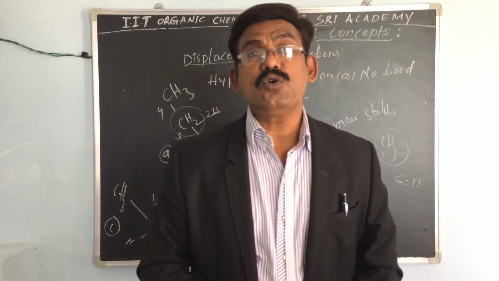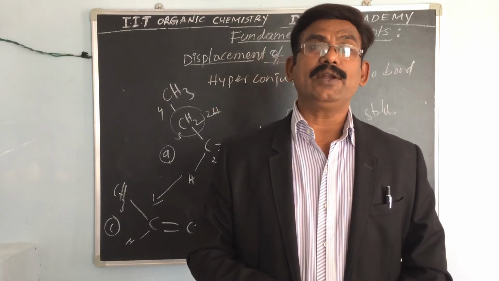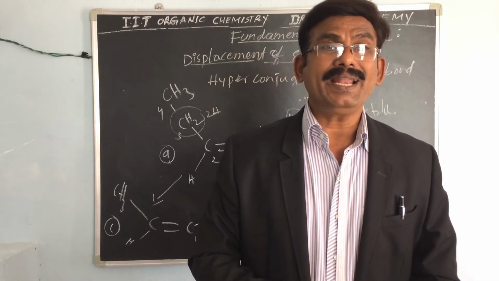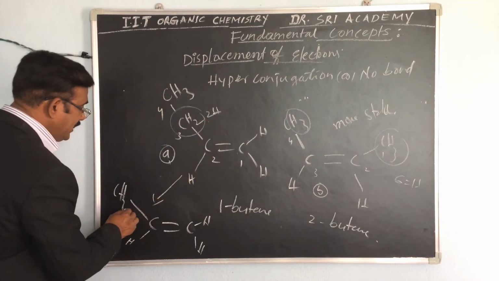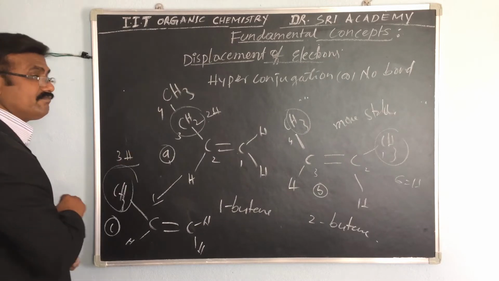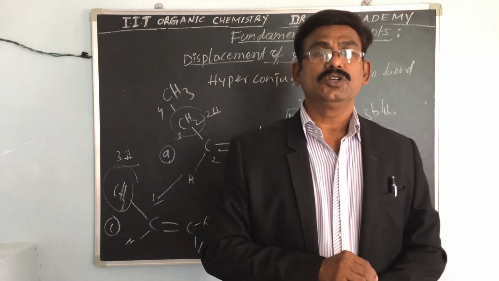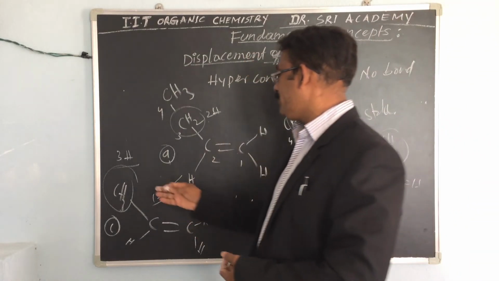The propane has more hydrogen atoms than butene. Propane has more hydrogens, because here only 2 hydrogens are there, and here 3 hydrogens are there. So due to these 3 hydrogens, the number of hydrogens is more compared to here.